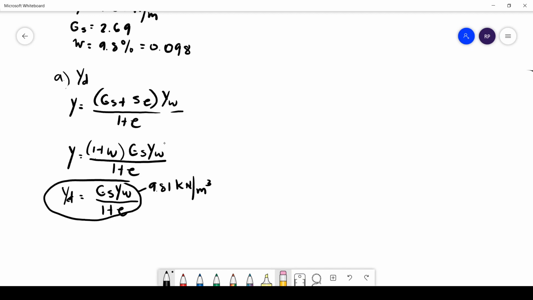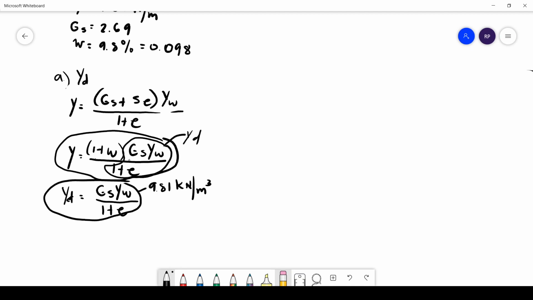Kung titingnan nyo dito sa equation na to, yung pangalawang sinulat ko, may pagkapareho sila ng equation ng dry unit weight, sa bandang Gs gamma W all over 1 plus e. Ito ay yung dry unit weight natin.